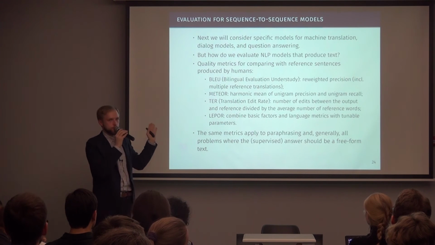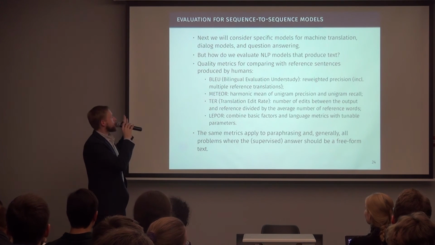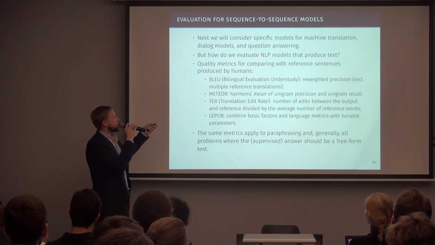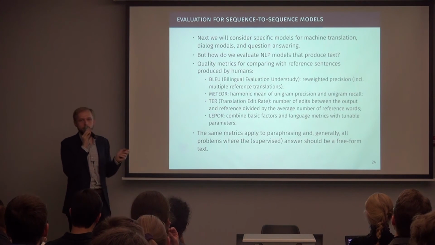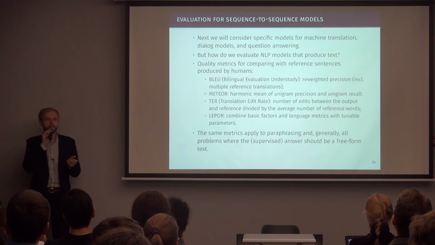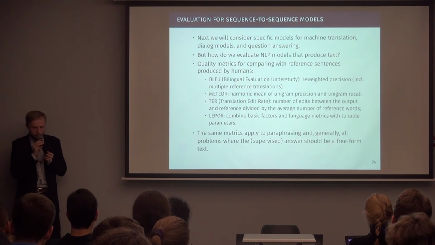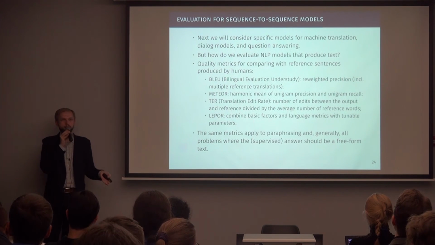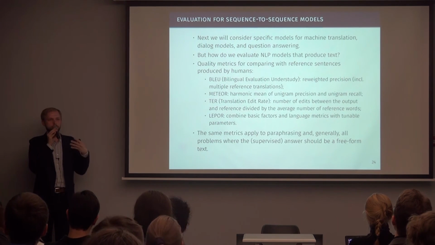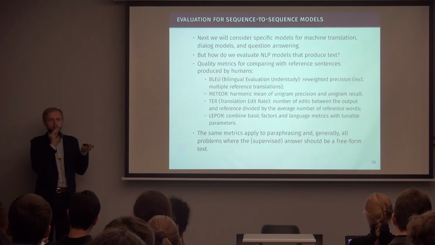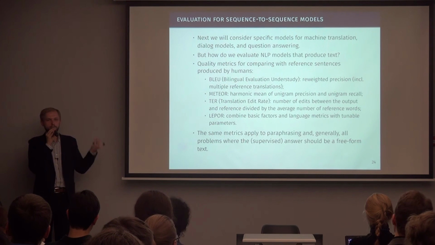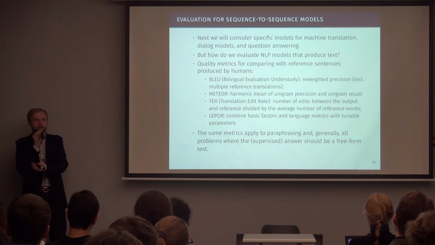So the first short remark about this is that there is always the problem of evaluation. For instance, in machine translation, when you produce a translation of a text, you usually have some sort of parallel corpus where for each phrase you already have a good translation.